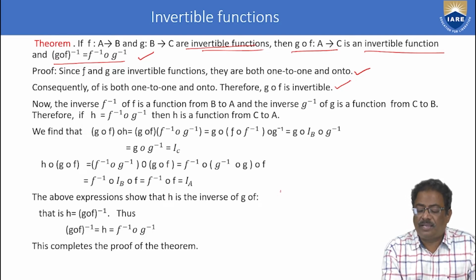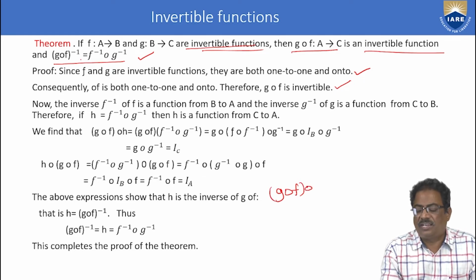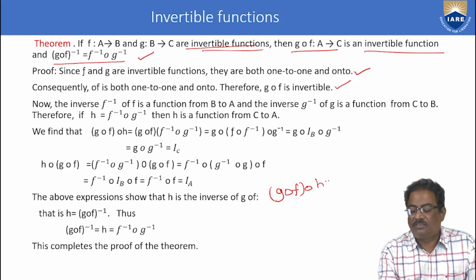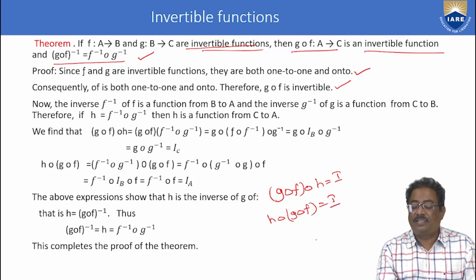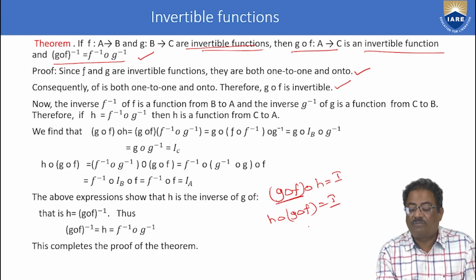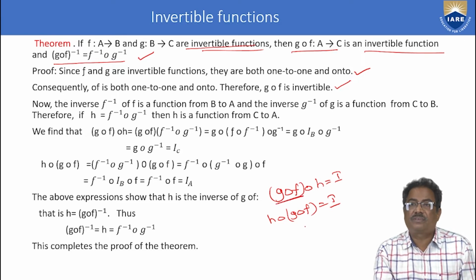Then I take g of f, and let us assume h is the other function. If h composed with g of f is the identity function, then I can say that h is the inverse of g of f, or g of f is the inverse of h.